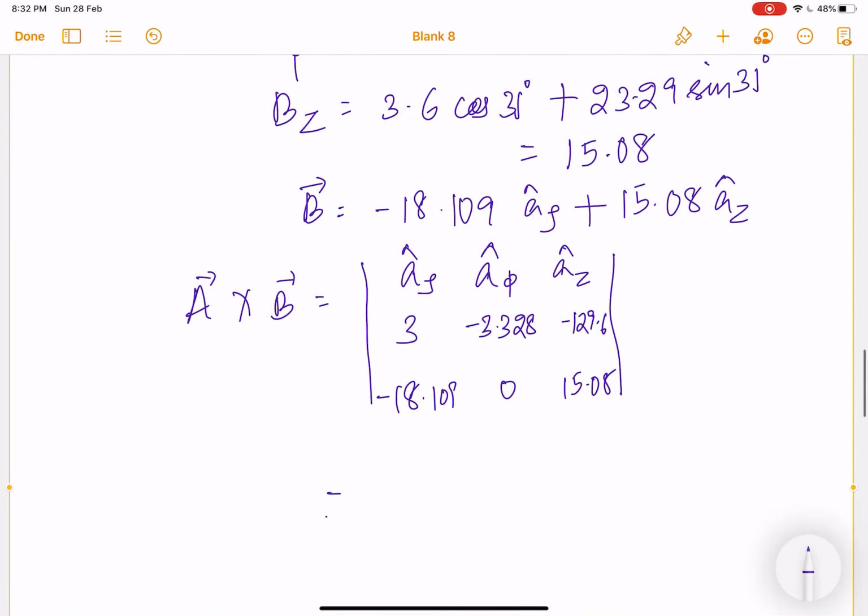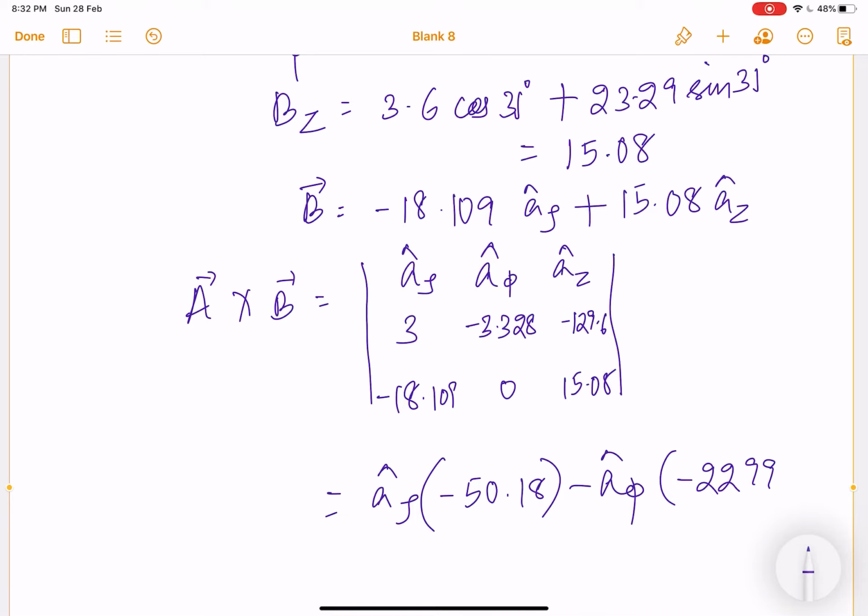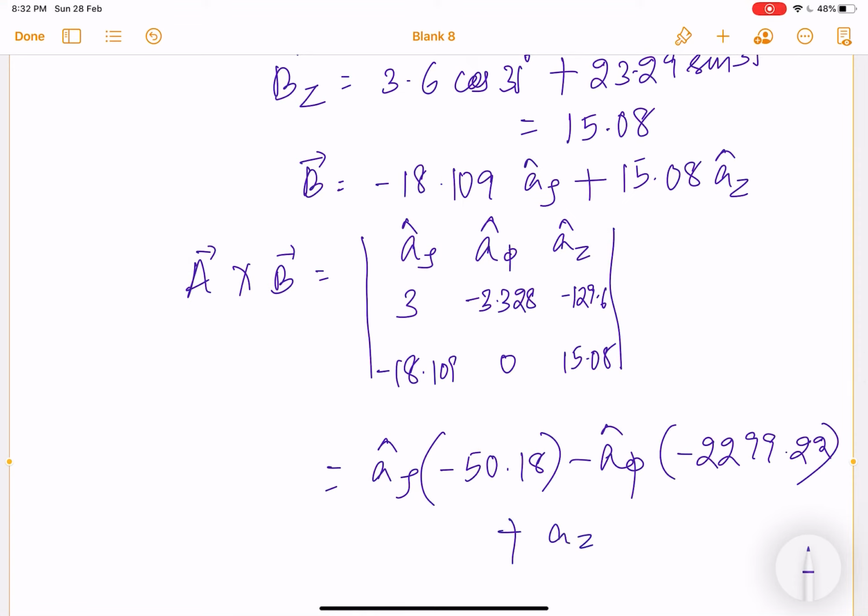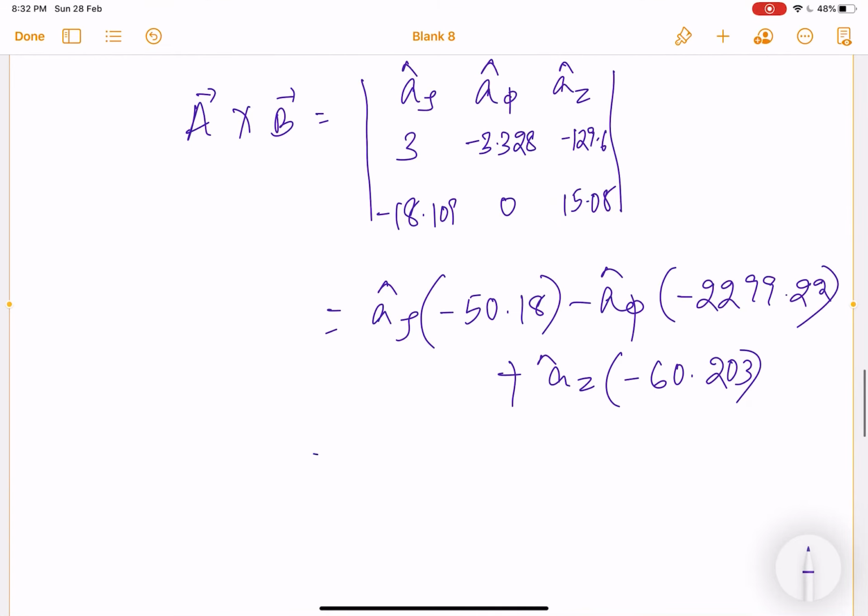Now if I have to calculate this, just cross multiply, and over here you'll get something like this. Then A phi, multiply it. You're getting minus 2299.22. Solve it with me so that you can also check whether you are getting it or not.